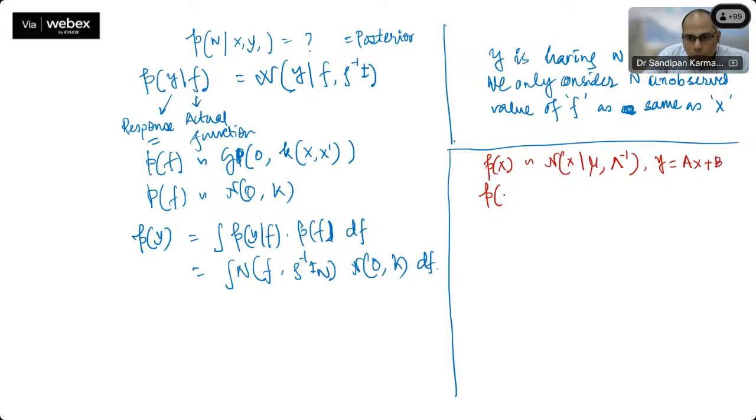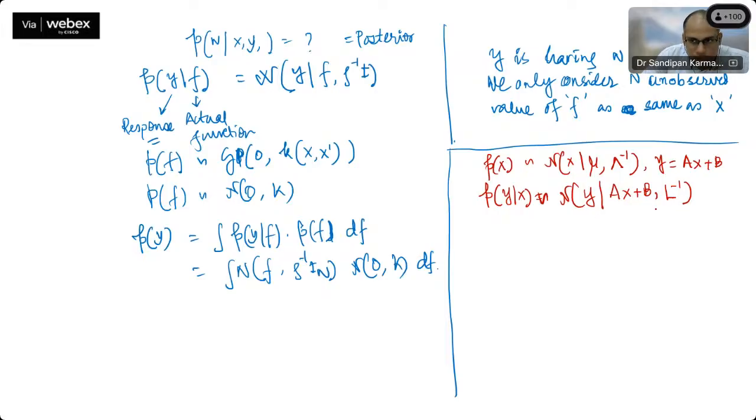Then what will be the joint distribution? Sorry, what is the conditional distribution? That will be p of y given x, a normal distribution of y given ax plus b, comma L inverse.